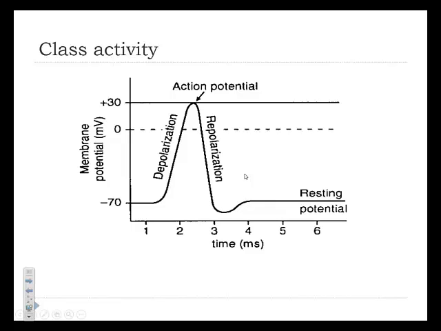This is a dramatic change in the voltage at that site along the membrane of the axon. So this is not the entire cell suddenly flipping, it's only at that tiny site along the axon where these channels have opened.